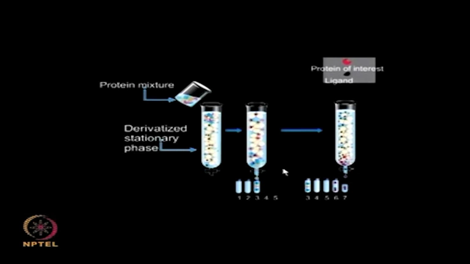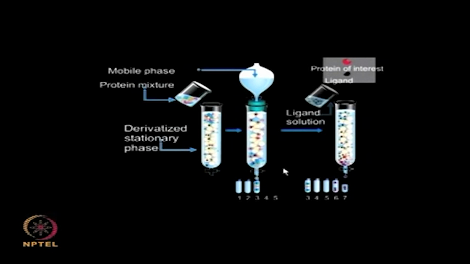The protein mixture is the unpurified protein mixture, which consists of proteins having different properties and interaction specificity for the ligand bound to the column matrix. Mobile phase: following the sample loading, the unbound proteins are washed out of the column using a suitable mobile phase. Depending on the protein of interest, this could be either water or sometimes a salt solution.